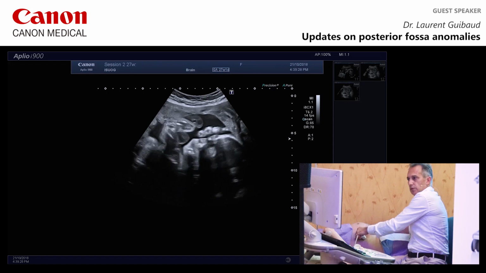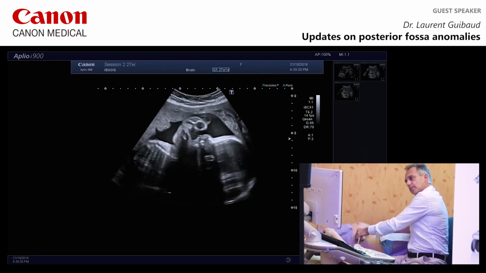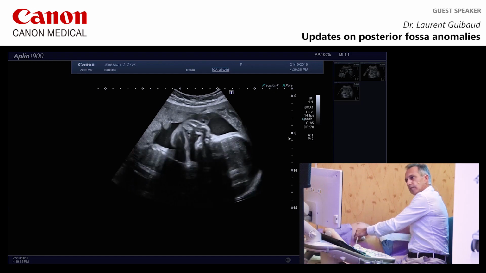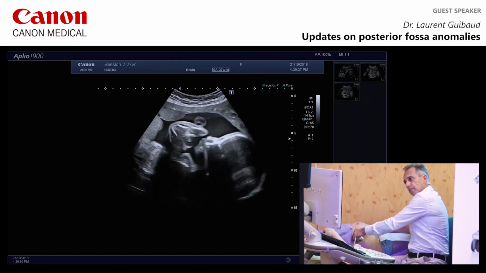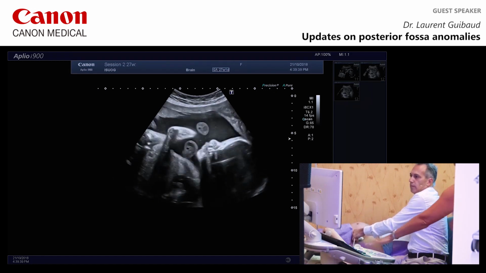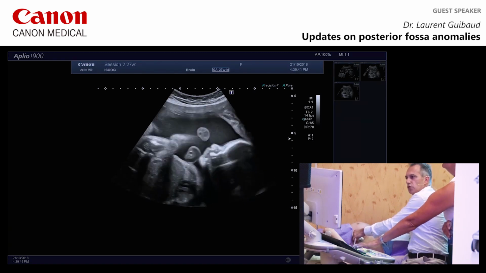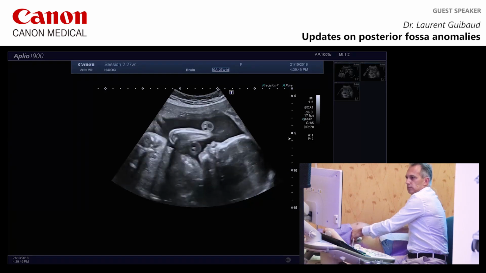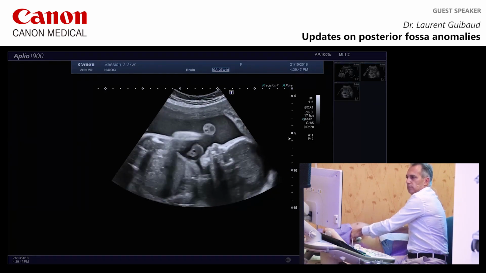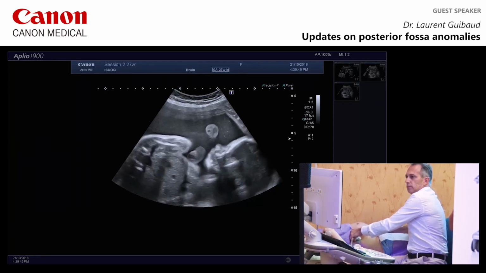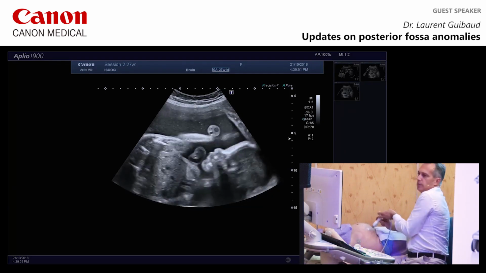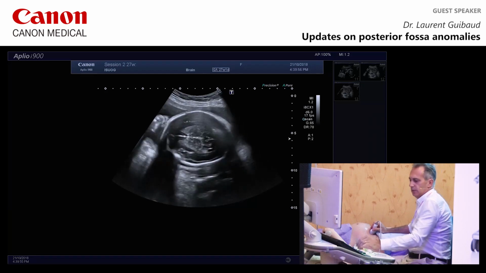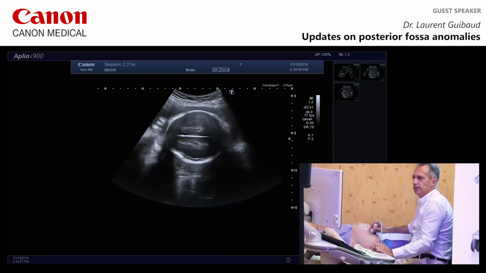I'll try to show you. In such a case, it's difficult to show the vermis, for sure. I have to wait. Do you have any question for the axial plane?